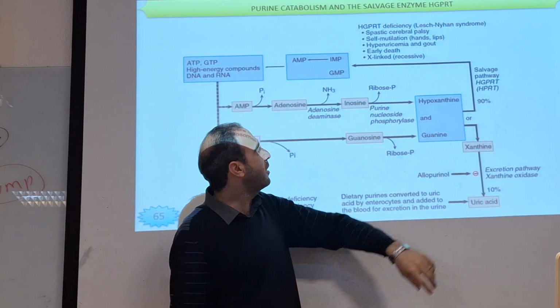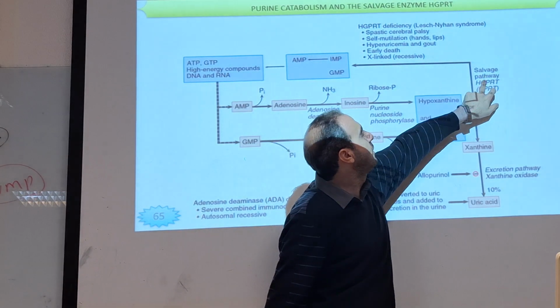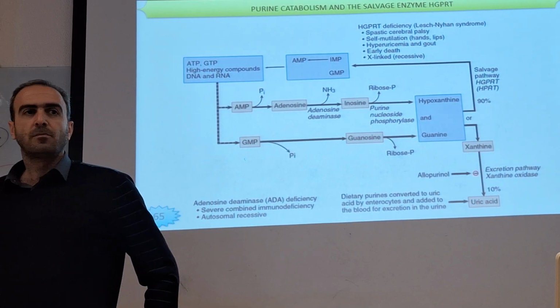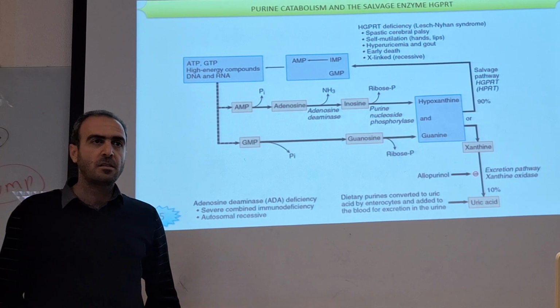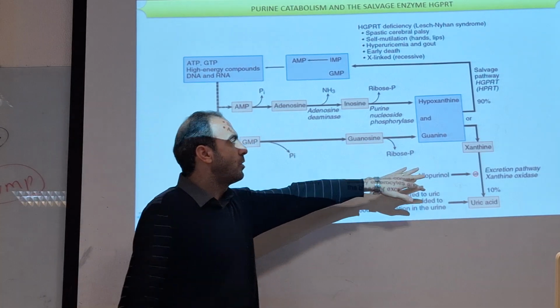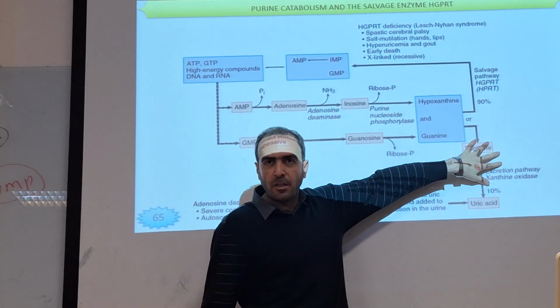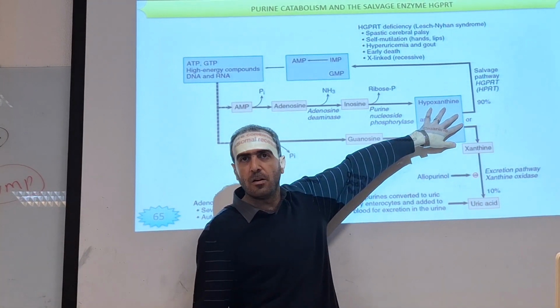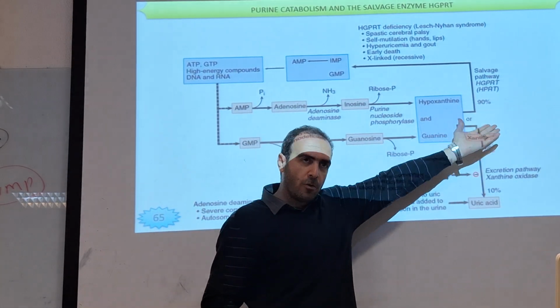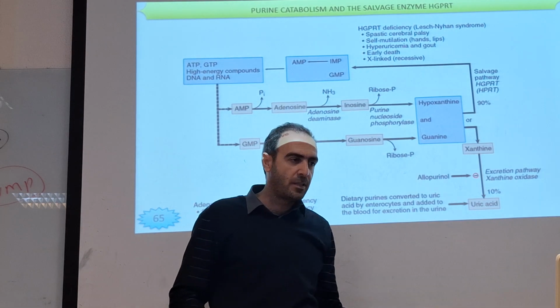But what do you think happens if we have a dysfunction in this enzyme? We have too much uric acid, increased. So gout is also one of the complications of Lesch-Nyhan, severe gout, because all of these are going to uric acid.